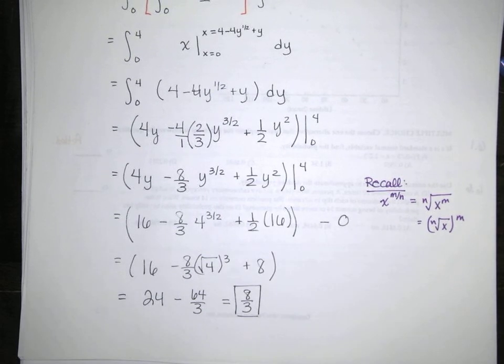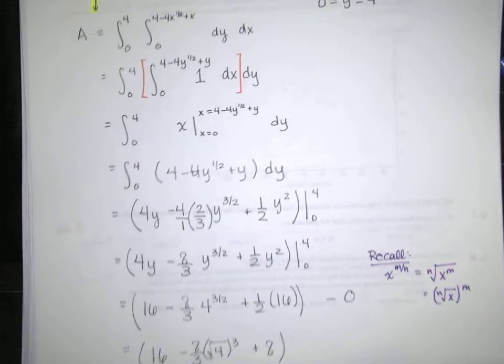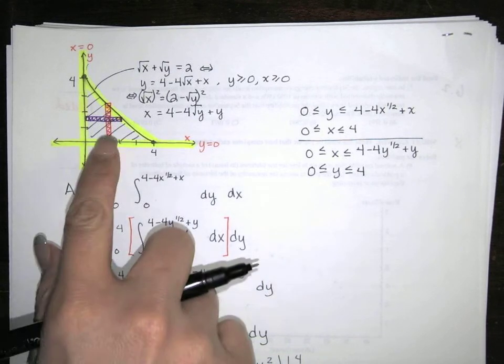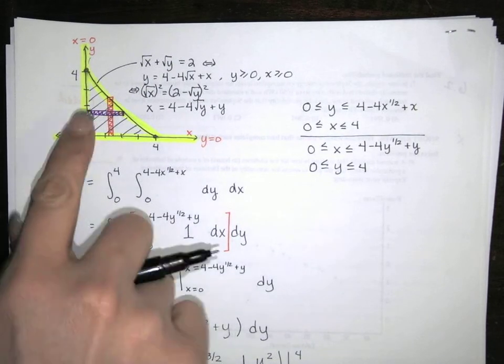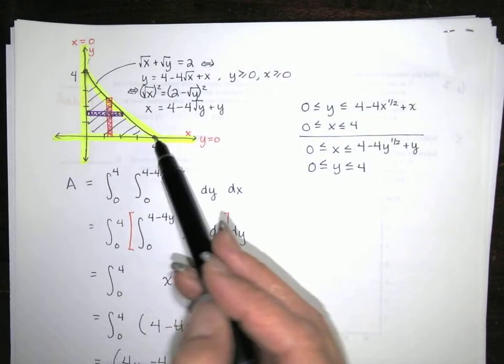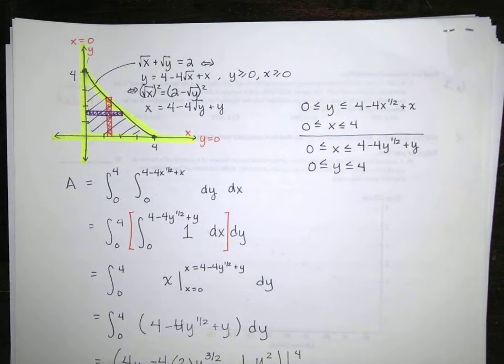8/3 is the area of that region. It's 2 2/3, 2.67. That's the area of that. Now, it doesn't look like 2.67 from the way I've drawn it, but that might be because this curve is not exactly right.